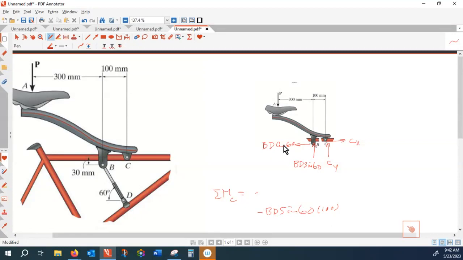And the rotation due to the BD cos 60, that passes through C. No, that doesn't pass. It is 30 mil below. So that is in a negative rotation, minus BD cos 60 times 10. And the only positive rotation is due to the P. That is plus P multiplied by 400.